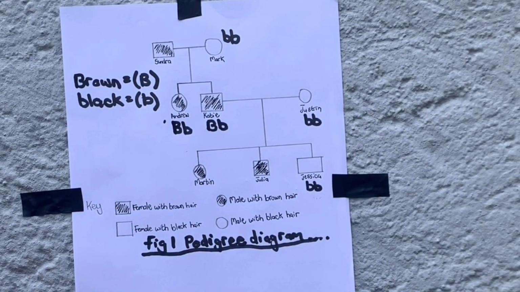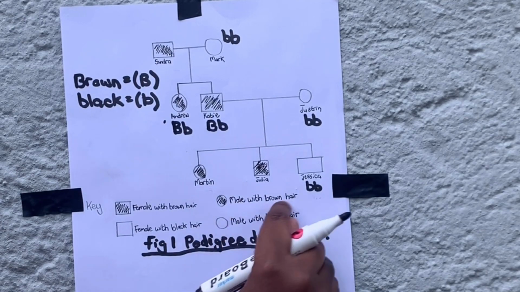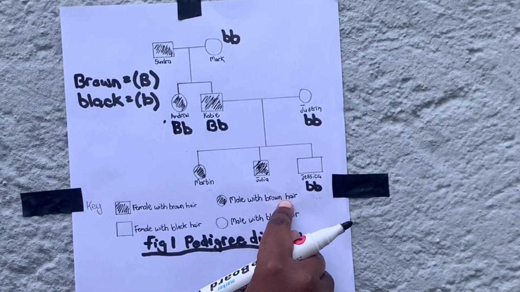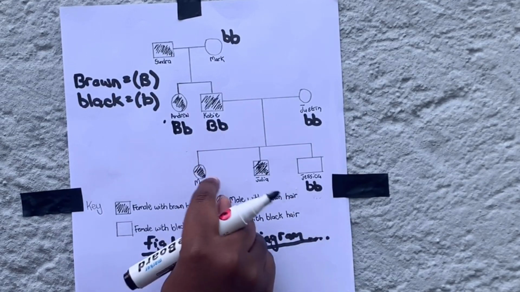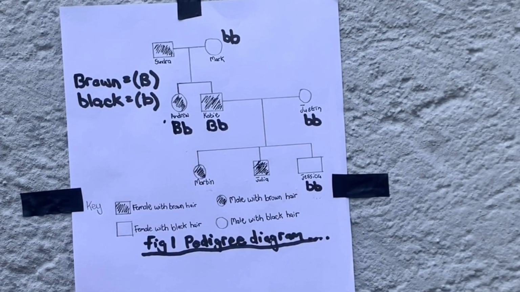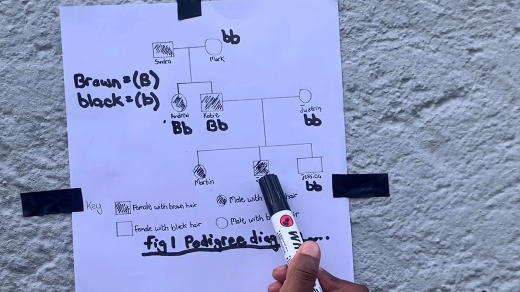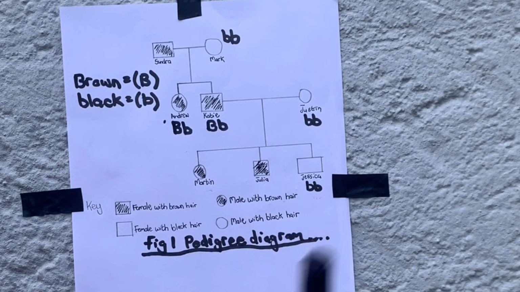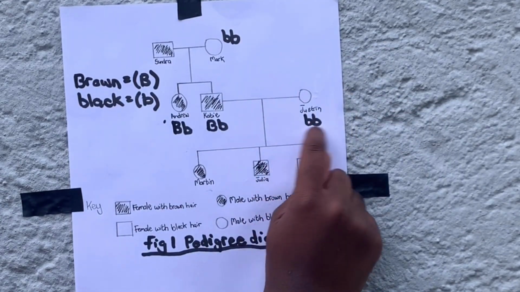Then Martin is a male with brown hair. Martin gets tricky because we don't know if he's homozygous or heterozygous, because he could be either. And there's also Julia, which we also don't know. No, we actually do know, sorry about that, because Justin is homozygous, so it's the same thing.